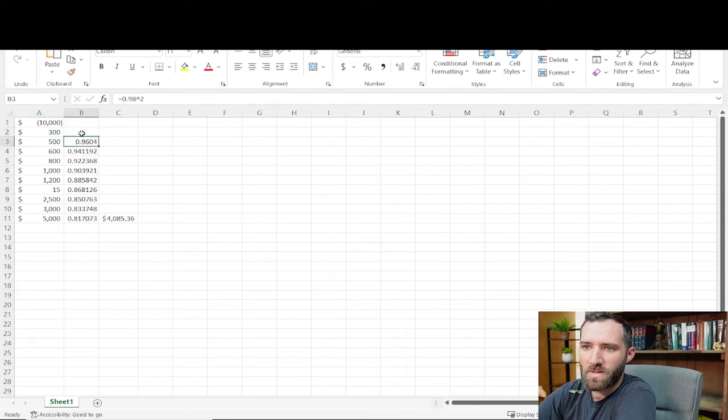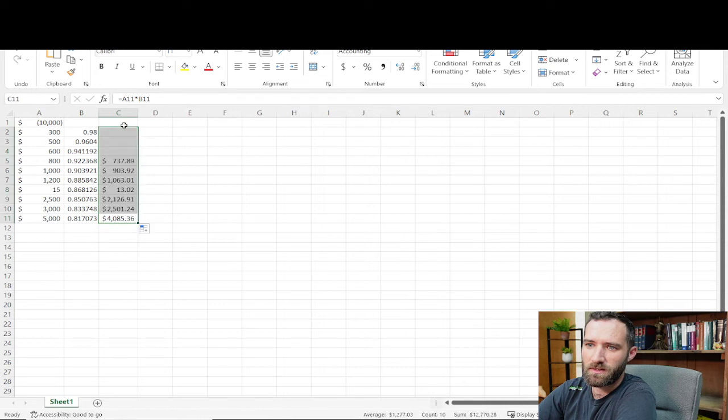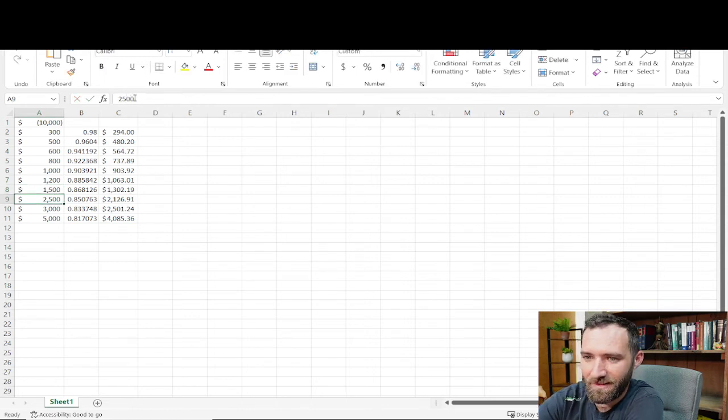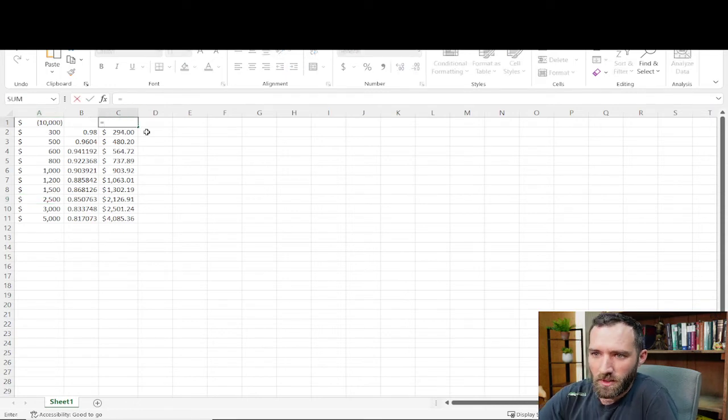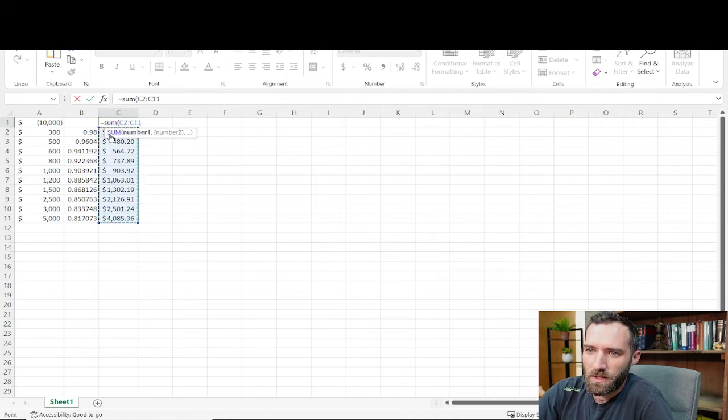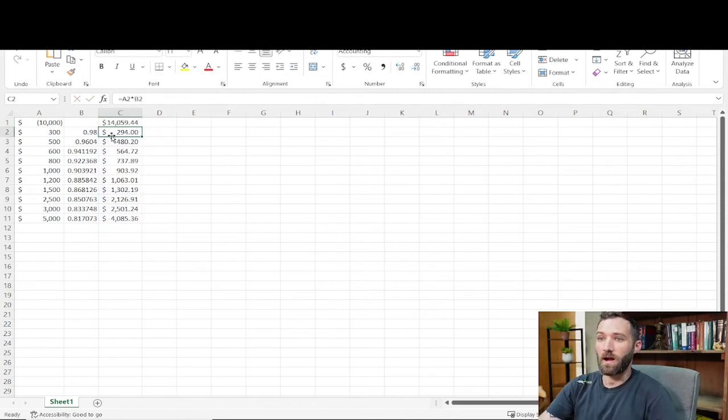Okay. Now hopefully we can drag this and get a consistent result. Oh yeah, check it out. Okay. Oh, this is supposed to be 1500. Okay, so the present value of these future cash flows is equal to the sum of these discounted cash flows. All right, $14,000.